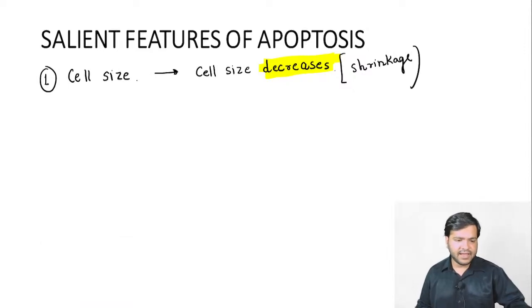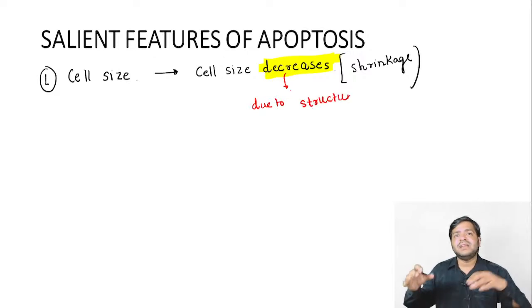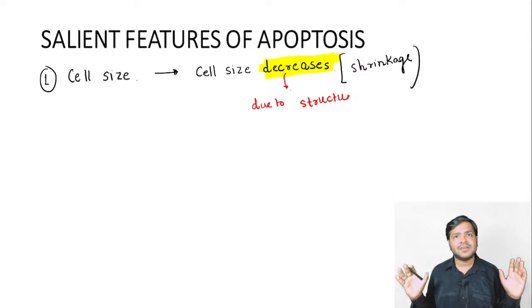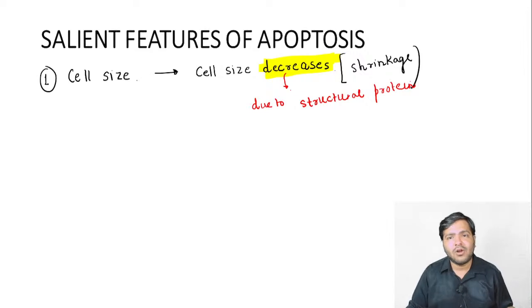Coming on to why the cell size decreases, you already know it is due to structural proteins. Proteins are basically the building blocks of the cells also. So if the structural proteins are destroyed, the size of the cell will automatically shrink.